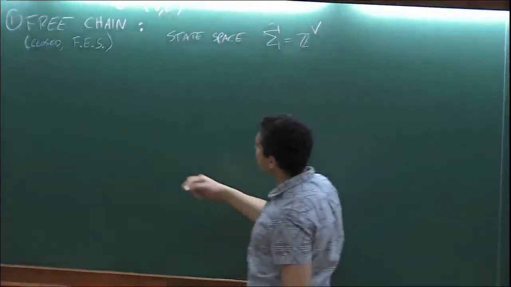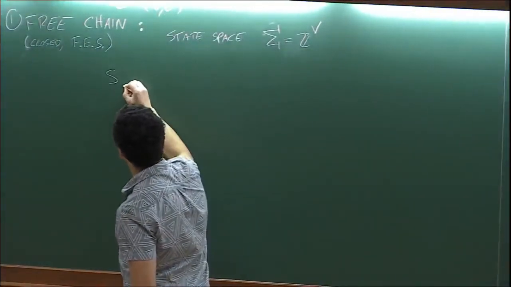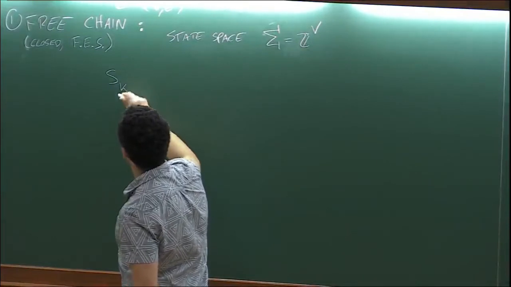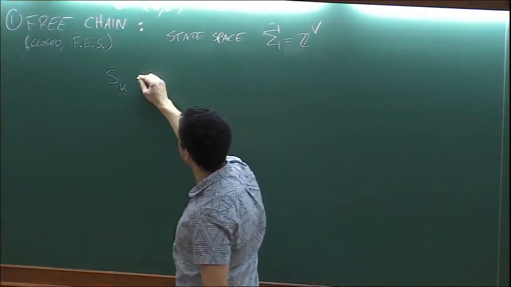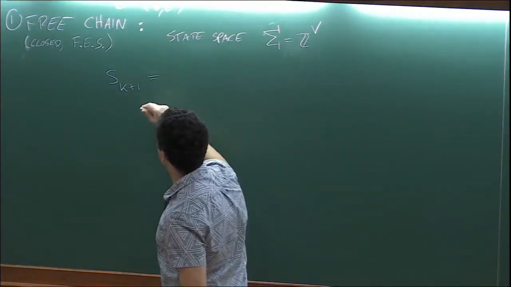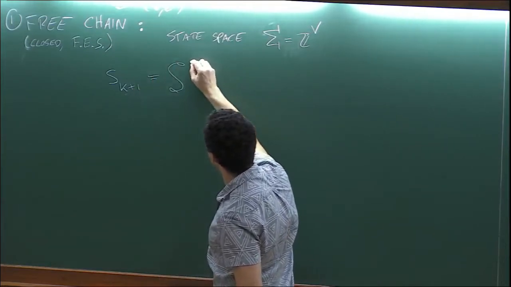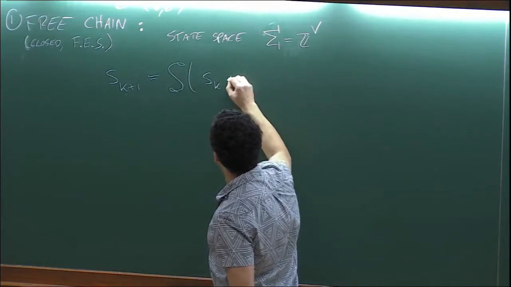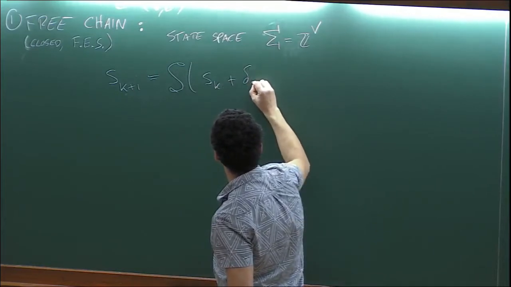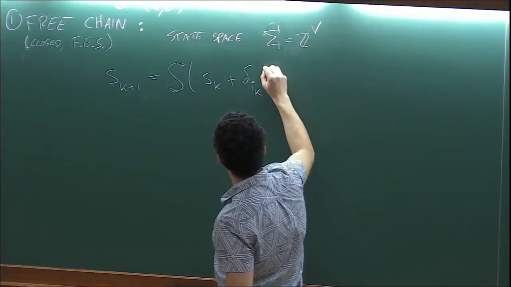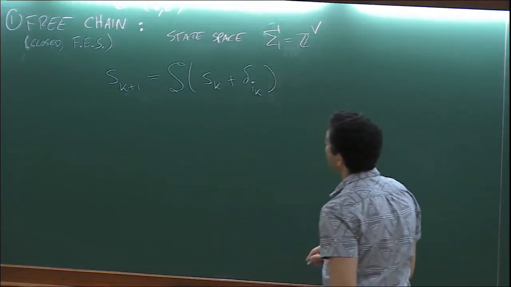And the dynamics are like this. So k will be my discrete time parameter. And if I want to advance time by one step, I add a chip at a random site, say I_k, and then I stabilize.